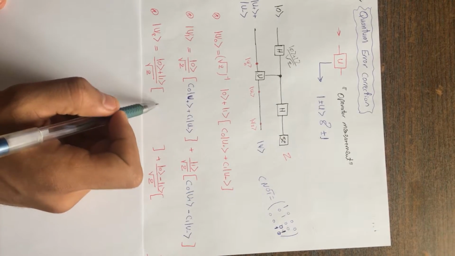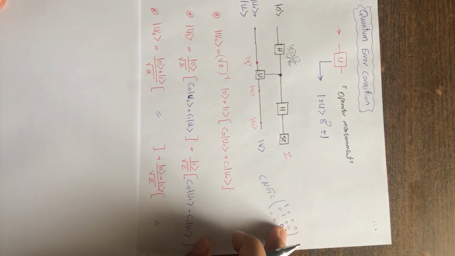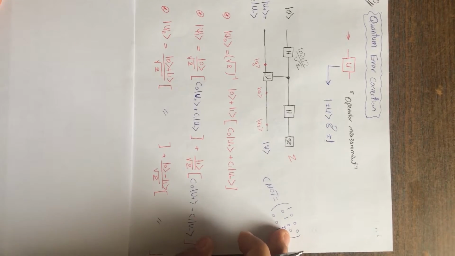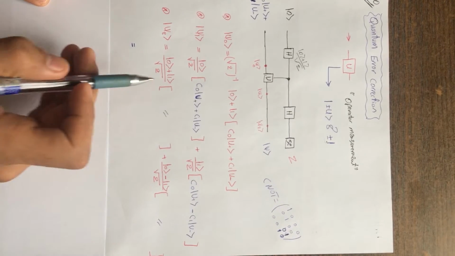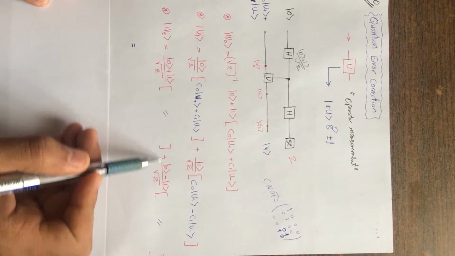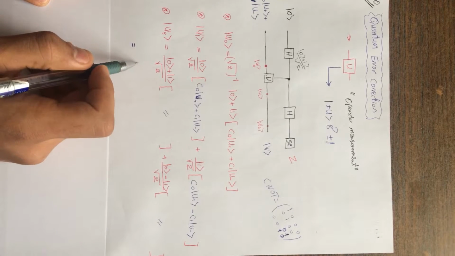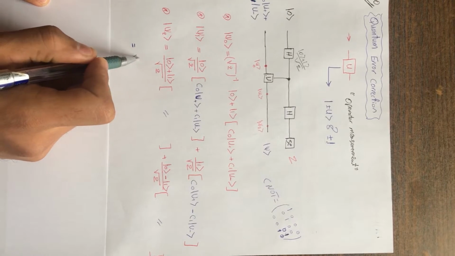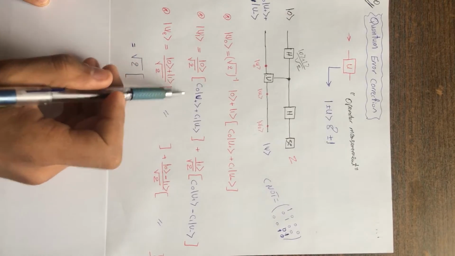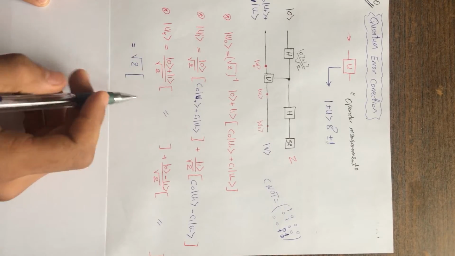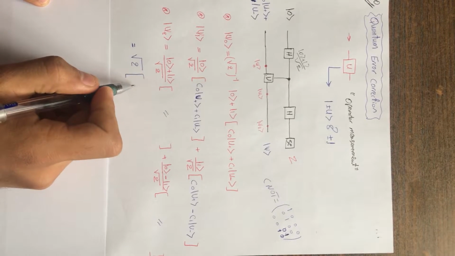That's actually the same, nothing will change. If you combine this state and write it in a more convenient shape, you'll find that some terms cancel, so eventually we have a square root 2 factor, and it looks like this.